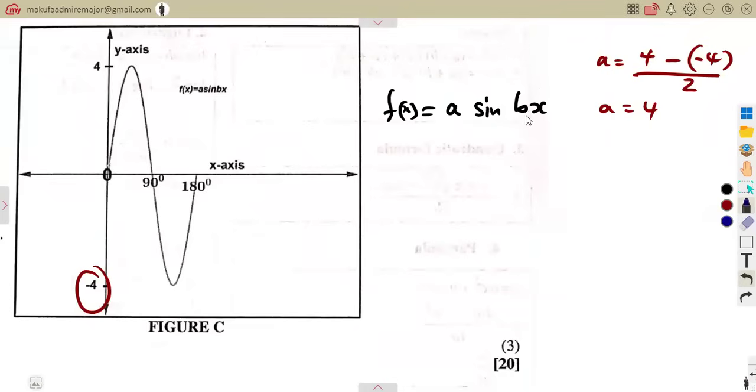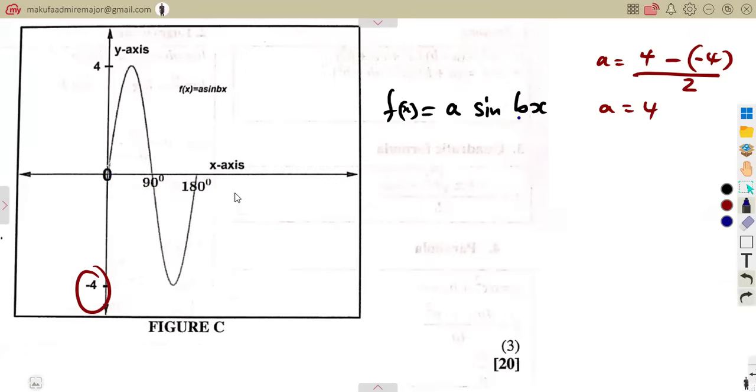Then b, from the amplitude that you are given, okay? Now we consider the period that we had before, it was supposed to be 360. This is the graph of a sine, remember. It was supposed to be from 0 to 360 from the normal way that we are used to. But this time, it completes its cycle within 180 degrees.